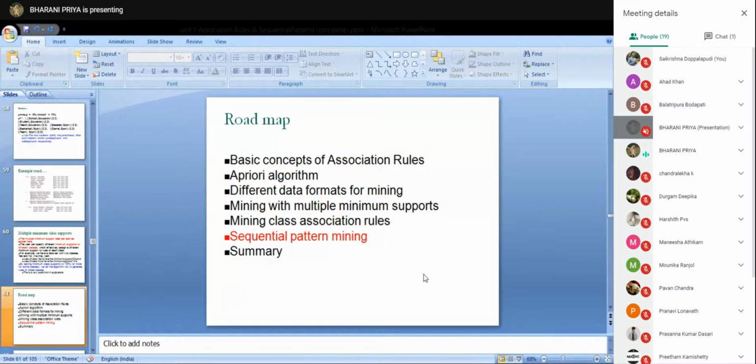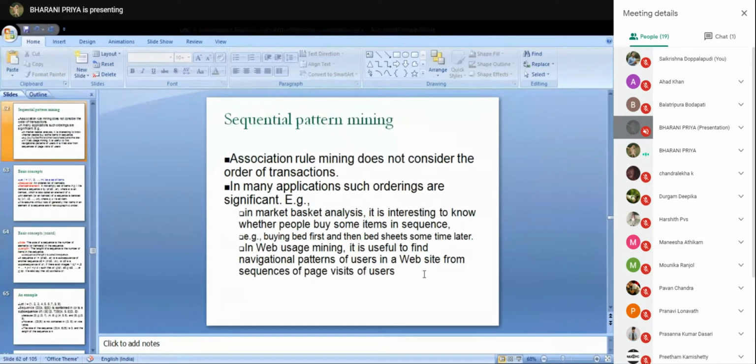But here in sequential pattern mining, we see the sequence of buying patterns of the customer, that means whether he is buying bread and then jam next, or else butter next. What is the sequence of time the items are purchased? Similarly, in web usage mining, it is used to find the navigation patterns of the users.